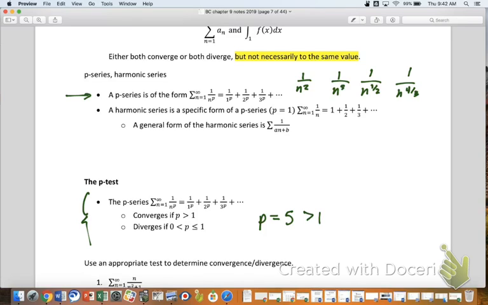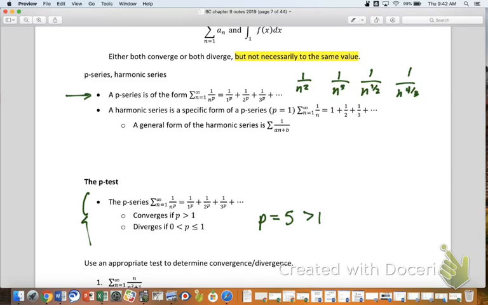Sometimes people misconstrue this and think they can use the p-series test on anything. Like the geometric series, the p-series is balanced. It'll tell you convergence or divergence, but it's incredibly narrow in its scope.